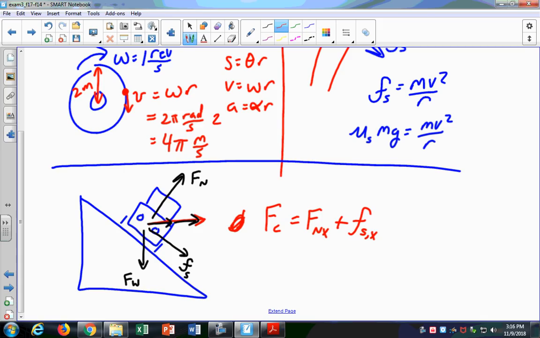You're not going to see any problems regarding that. They get kind of complicated because you have multiple unknowns and you have to resolve your vectors. But I do want you to understand that on a banked curve, that's why we bank our curves: it gives us this additional force. It's not just our static frictional force, but also a normal force providing the centripetal force.